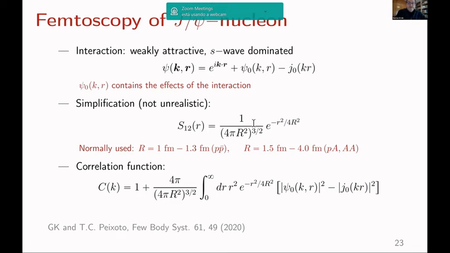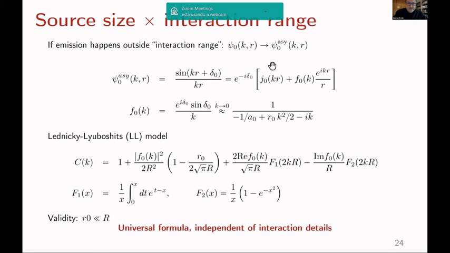Since my time is running out, this is very standard: in some approximation, called the Lednicky-Lyuboshitz model, you can relate this correlation function directly to the scattering amplitude. This formula, of course, has limitations, but for the kaon and the lambda, this works very nicely.